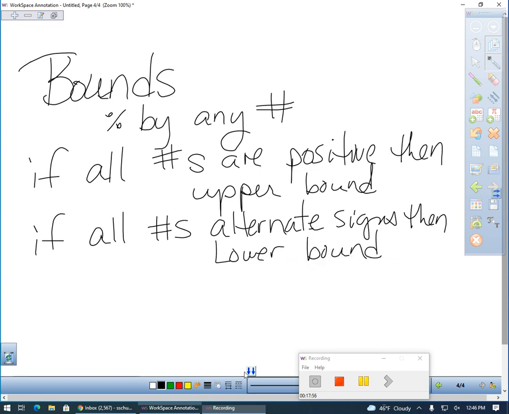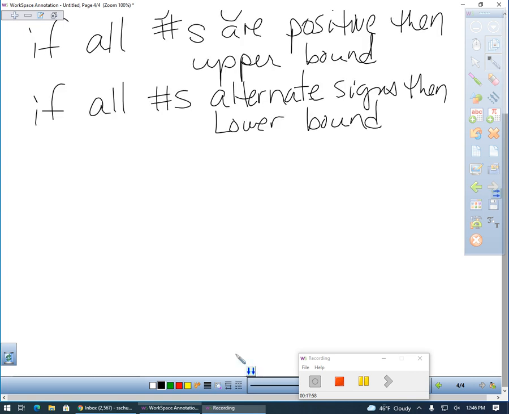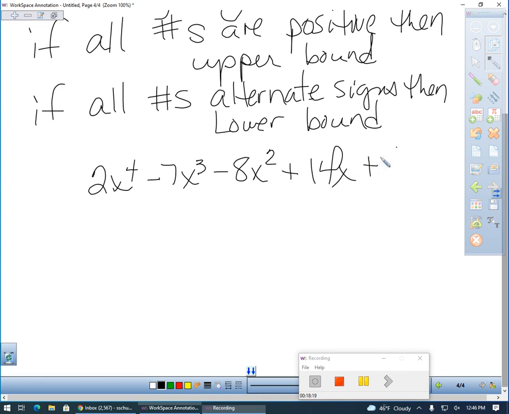So for example, I need a good example, hold on. Let's say I have 2x to the 4th minus 7x to the 3rd minus 8x squared plus 14x plus 8. And I want to know if all the zeros fall between, let's say, -2 and 5.